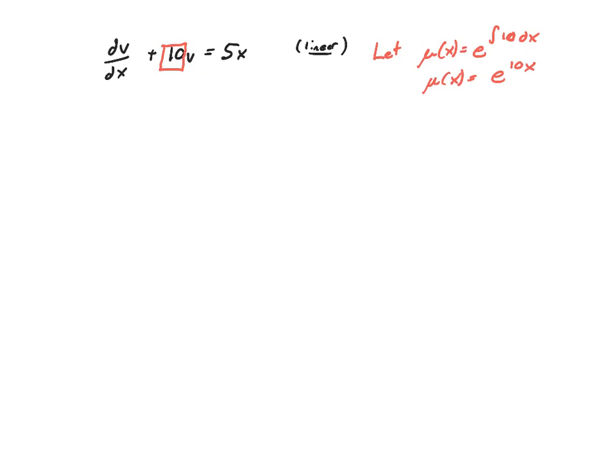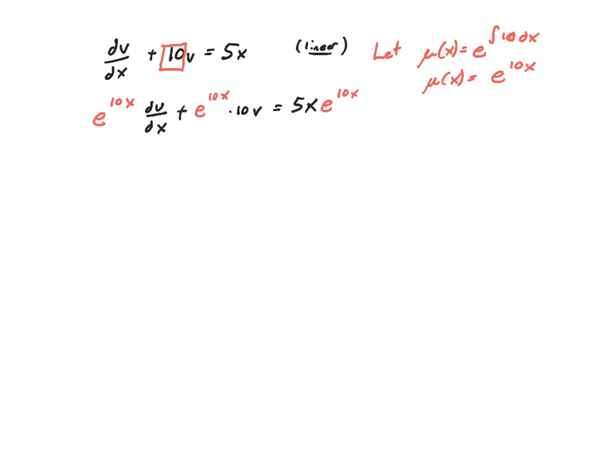Now I hope this works out nice. So if I multiply each term by this, then I have e to the 10x dv over dx plus e to the 10x times 10v is equal to 5x e to the 10x.